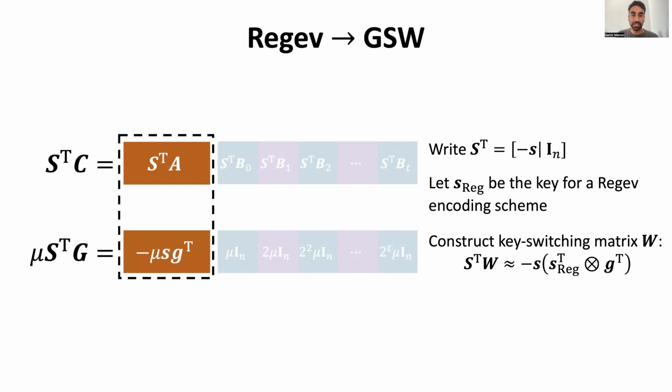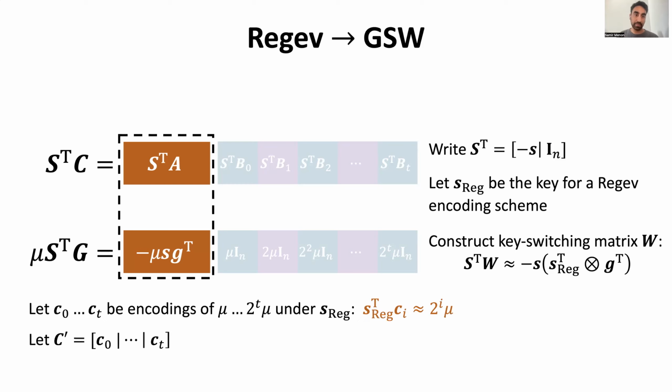And the key switching that we use is a little funky looking. So we publish this matrix W, which actually encodes 2 secret keys. One is the secret vector, the first column of the GSW key, basically. And the other is the key that the input Regev encodings are under. And so we show that if you publish this matrix, it works out.